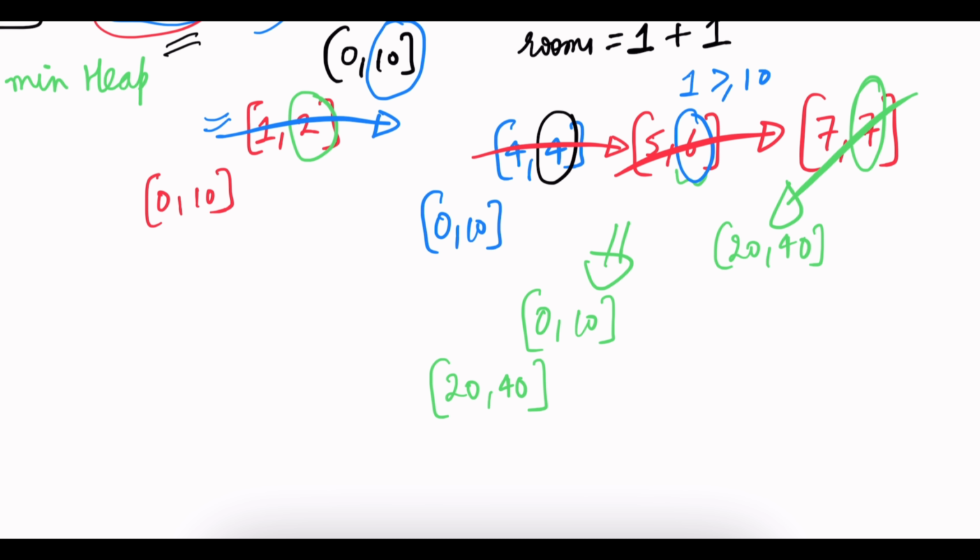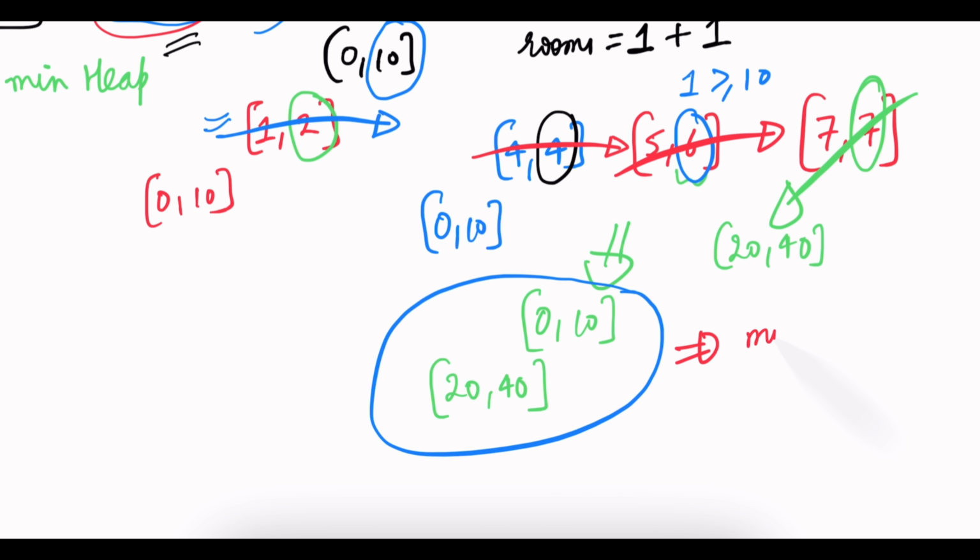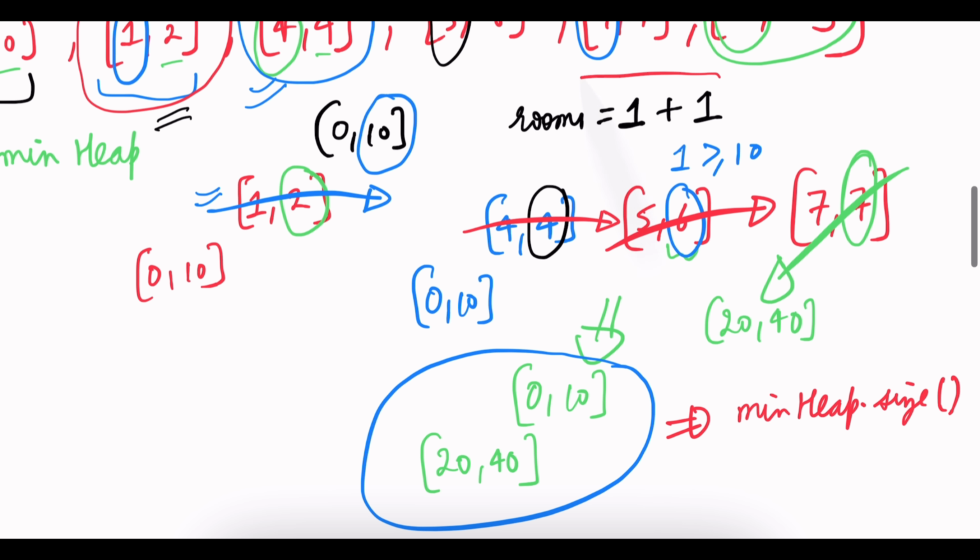So now we have processed all of the meetings, and our min heap has 2 elements. So either we can simply return min heap dot size, and this is going to give us the minimum number of rooms required, or we can simply return this variable, return rooms, and this is also going to give us the minimum number of rooms required.